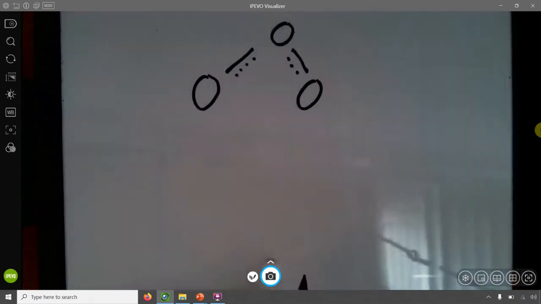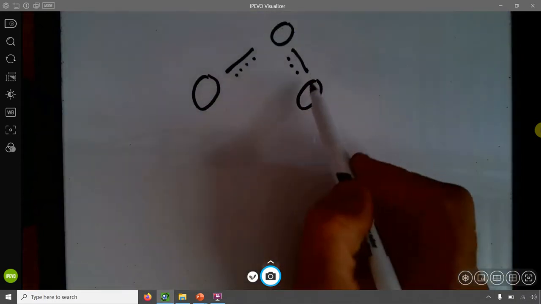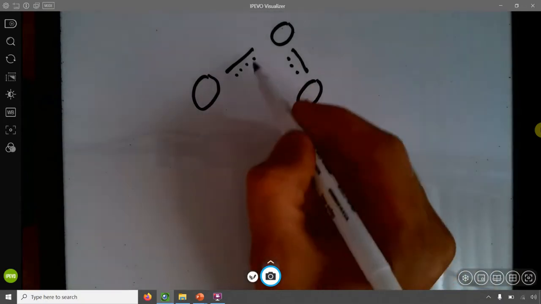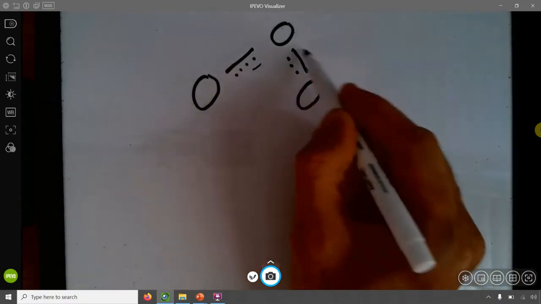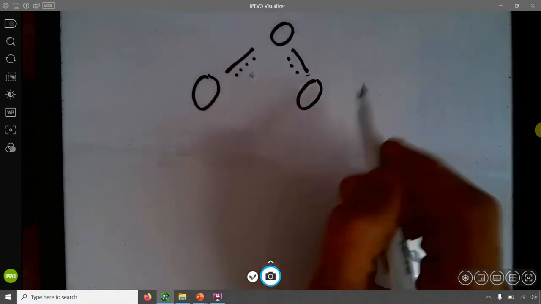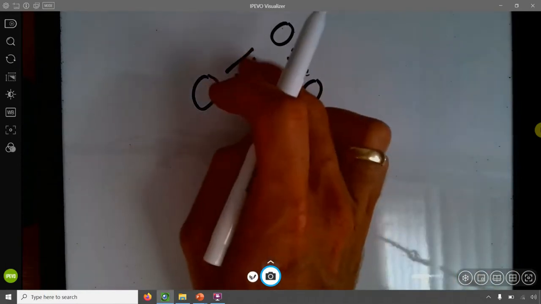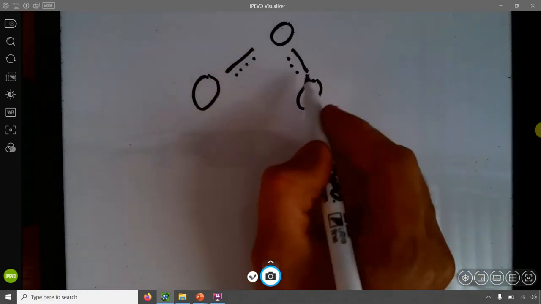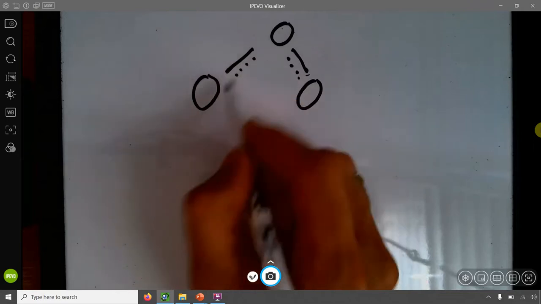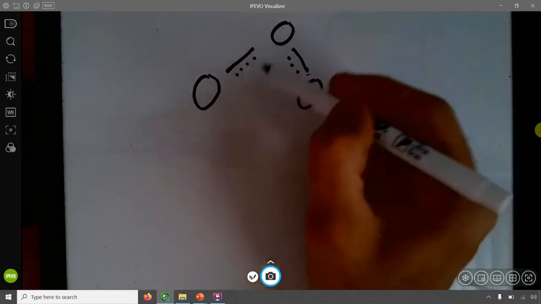Not quite a double bond, but I want to show you that these 2 bonds are identical to these 2 bonds. There is no distinguishing between them. So actually, you should have 4 dots. These are exactly identical. There's no separation between them.